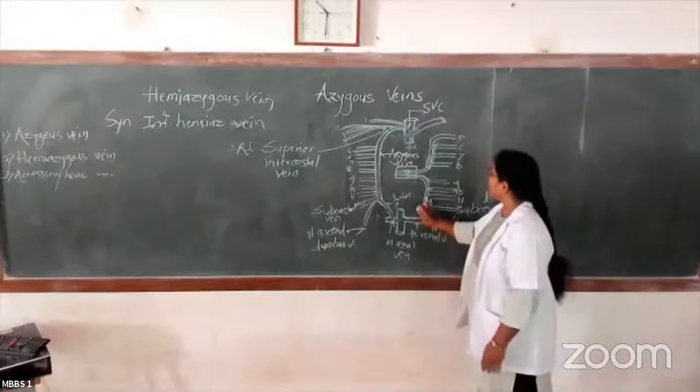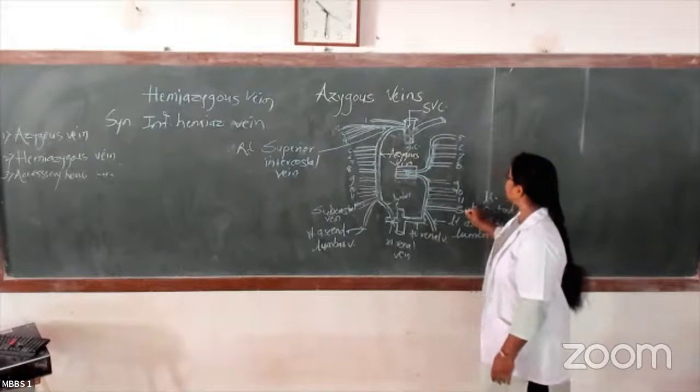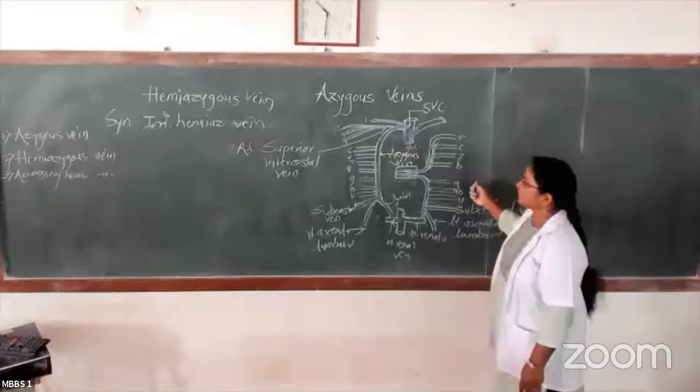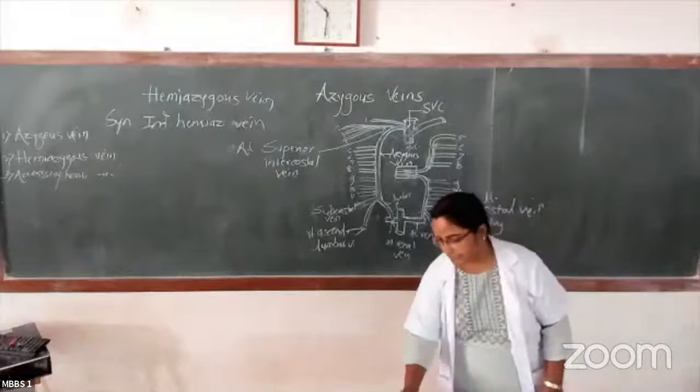So it ascends upwards and here it receives the 9th to 11th left-sided posterior intercostal veins.